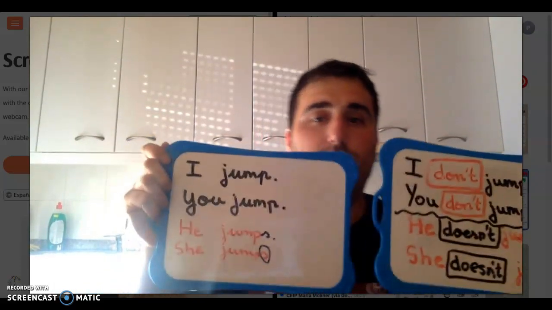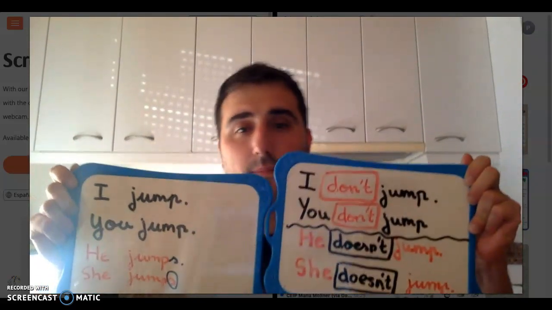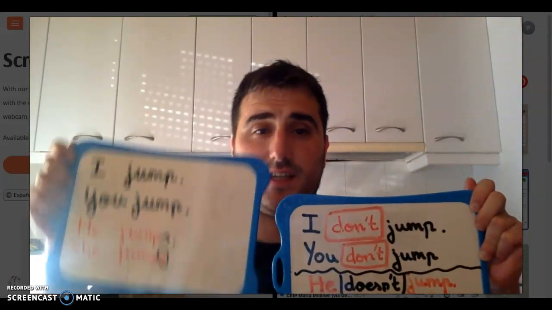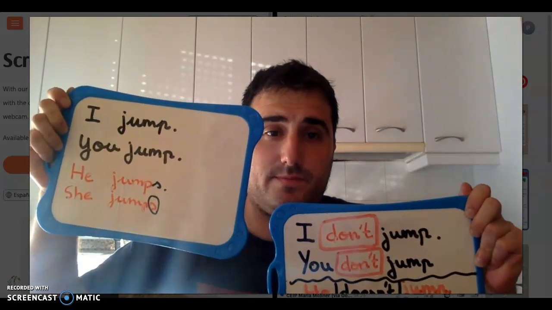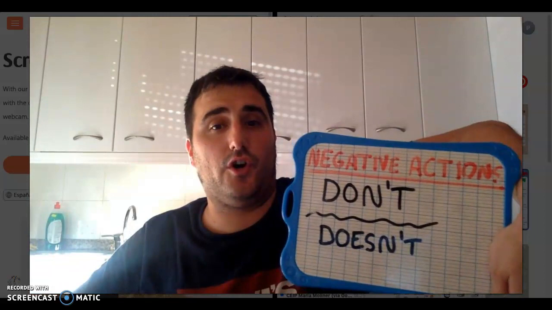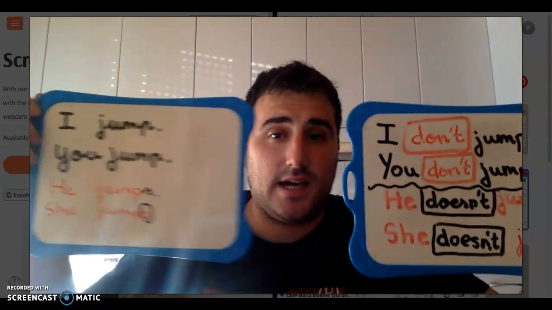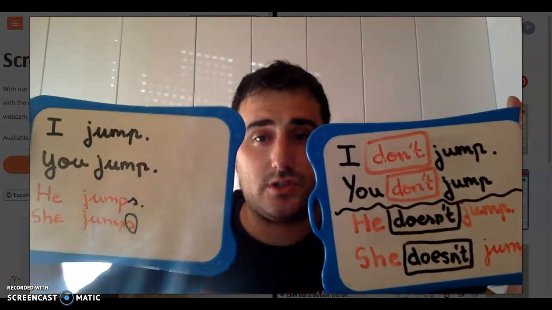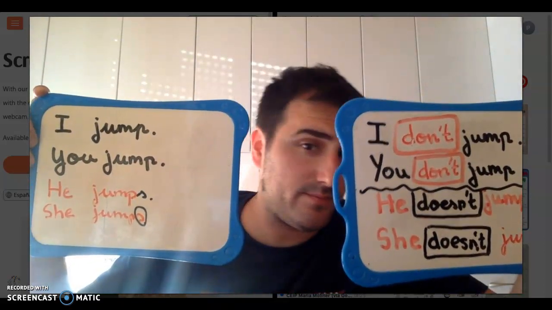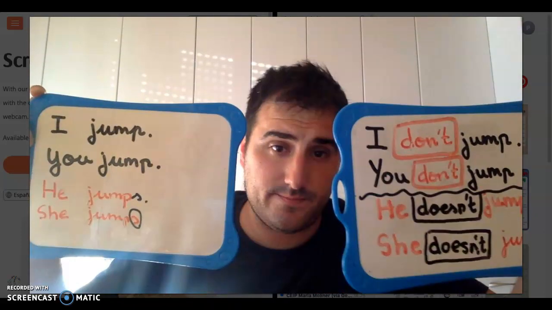So they look very similar. So if I want to make it affirmative, I say I jump. If I want to make it negative, I use don't and I say I don't jump. You see it here? Okay, I jump or I don't jump.